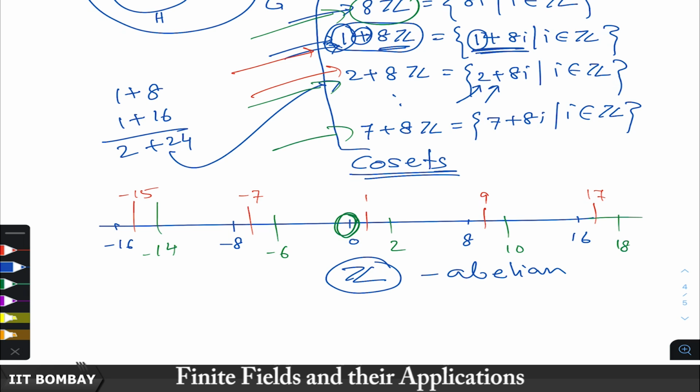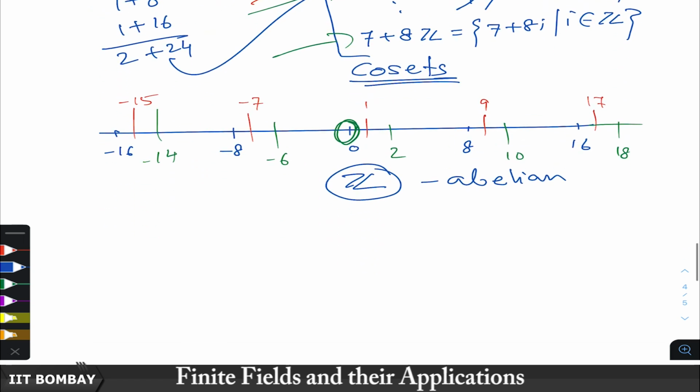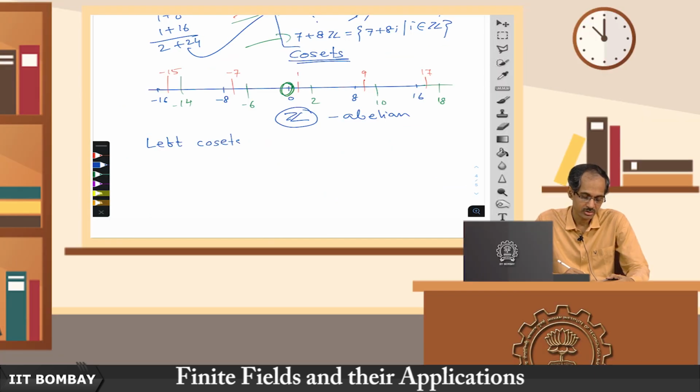Like here addition is commutative, so it is the same thing whether you add it from the left side or from the right side, but if the operation is not commutative, then the result can be different if you do it from the left or from the right. So, we now talk about left cosets, which is obtained as follows: first of all you are given a subgroup H of G, and then we take an element g in G, and we define gH.